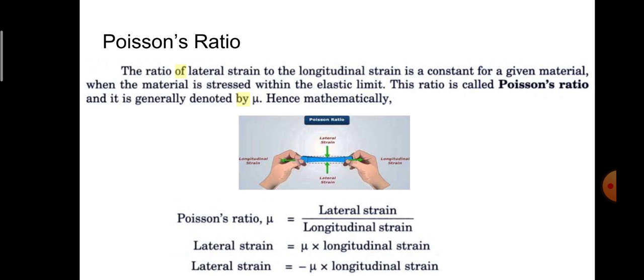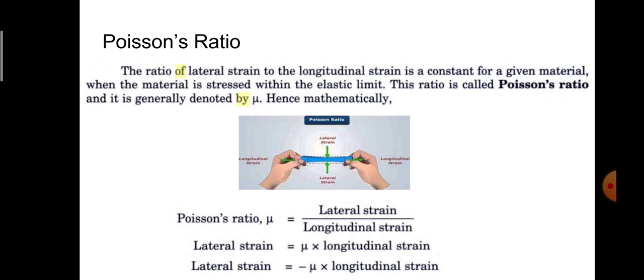So for tensile deformation, the Poisson's ratio is always positive, and if there is a compressive deformation, the Poisson's ratio is negative. I just repeated, for a tensile deformation, always the Poisson's ratio is positive, and for the compressive deformation the Poisson's ratio is negative.